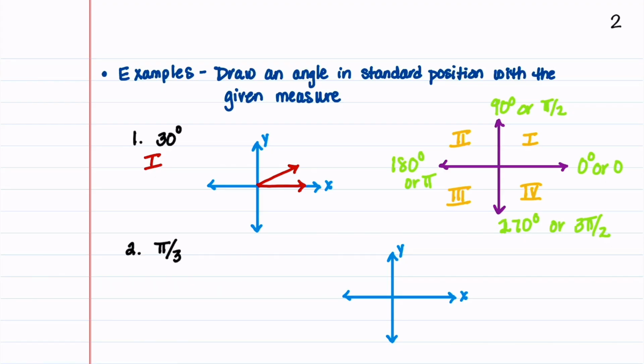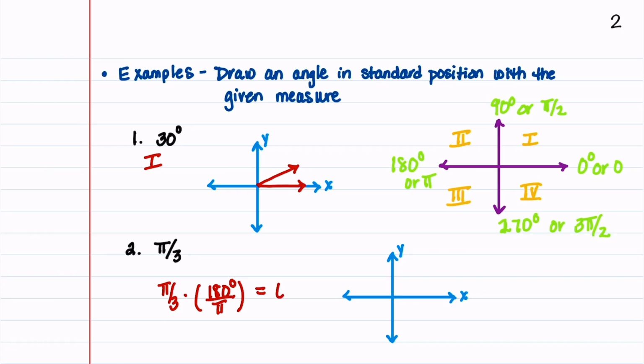Our next angle is pi over 3. It may be easier to convert this to degrees in order to draw it. So let's go ahead and do that. We have pi over 3, and we're going to multiply it by 180 degrees divided by pi to change it to degrees. I have a video on reviewing that concept if you would like to go watch that.